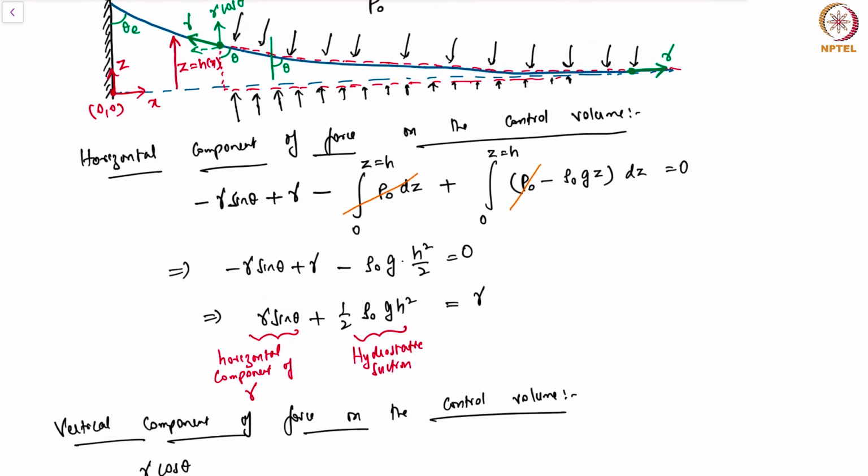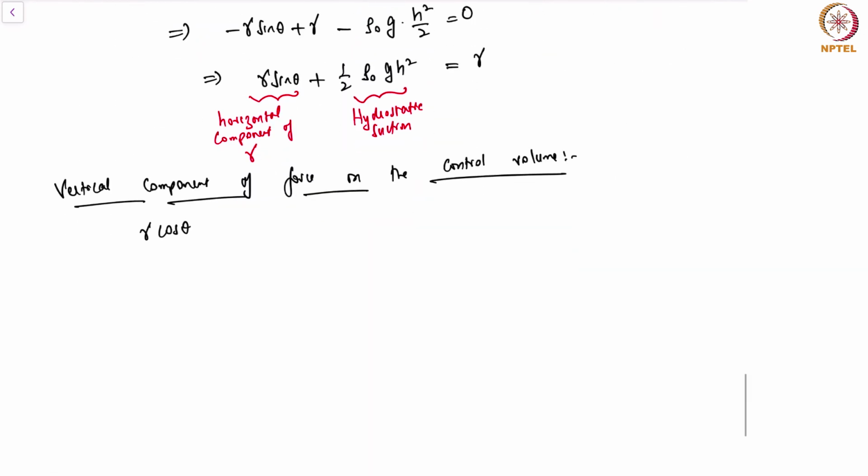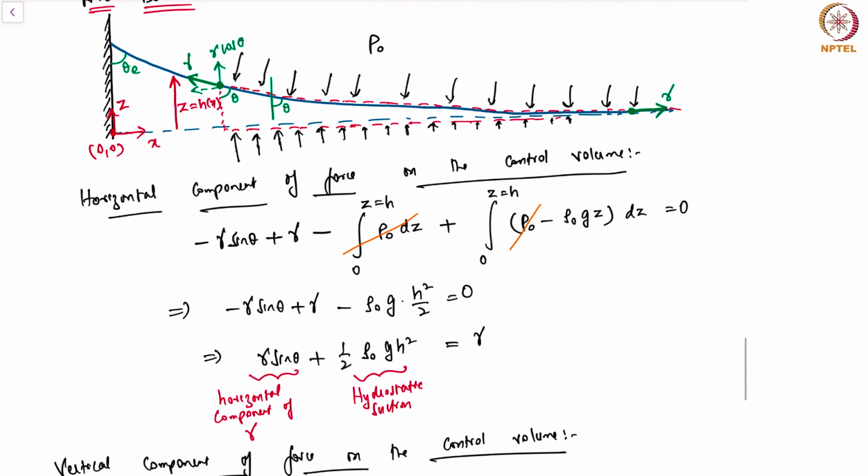As x goes to infinity, the interface becomes flat. The surface tension force does not contribute to giving a vertical push to the control volume on the far end. And I want to integrate now the vertical component of this pressure.